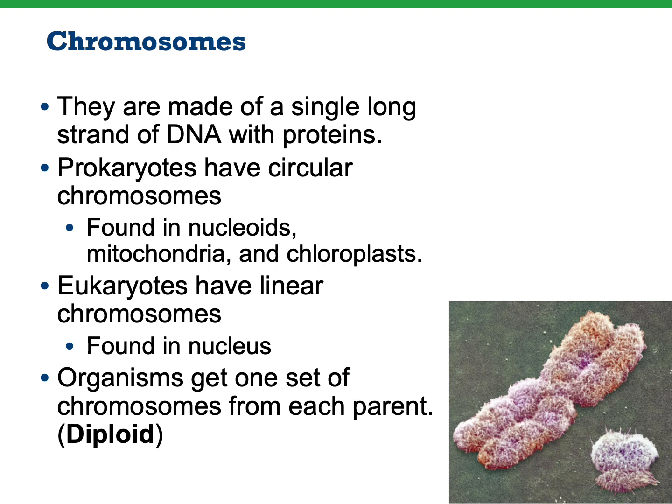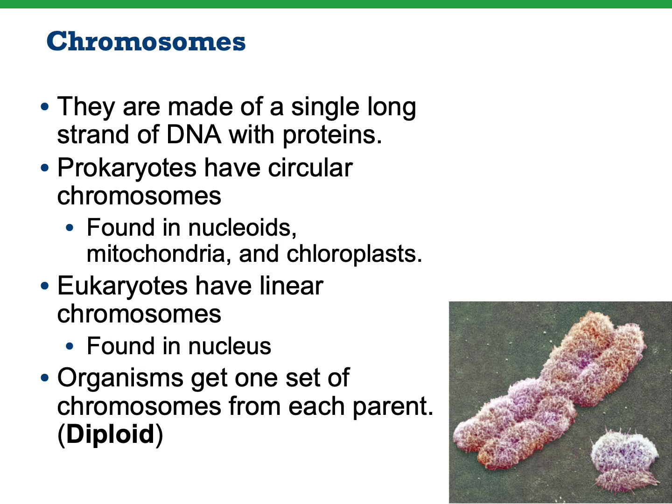As mentioned in the previous slides, chromosomes are made up of one strand of DNA packed and neatly organized with proteins. Prokaryotes have circular chromosomes, but they do not have a nucleus.